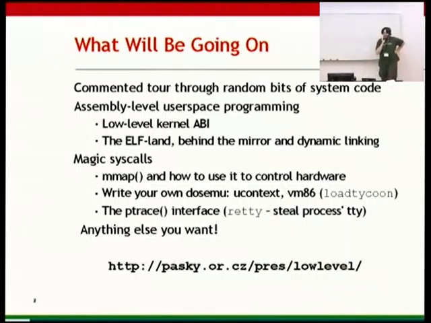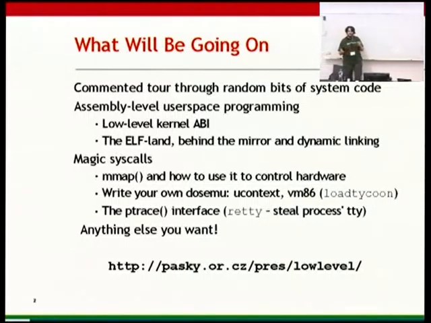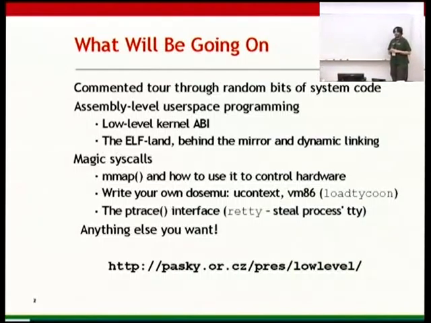What will we talk about? We will talk about the kernel interface in the user space. So what happens if you make a syscall, if you ask the kernel to do something for you? We will talk about what is actually a program, how the file with the program looks like, how can you inspect that file, how can you manipulate that file, how do shared libraries work, and what is a dynamic linker, and so on.